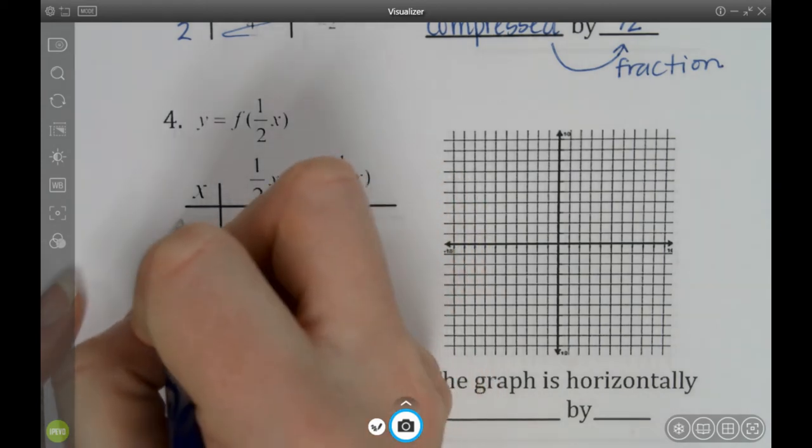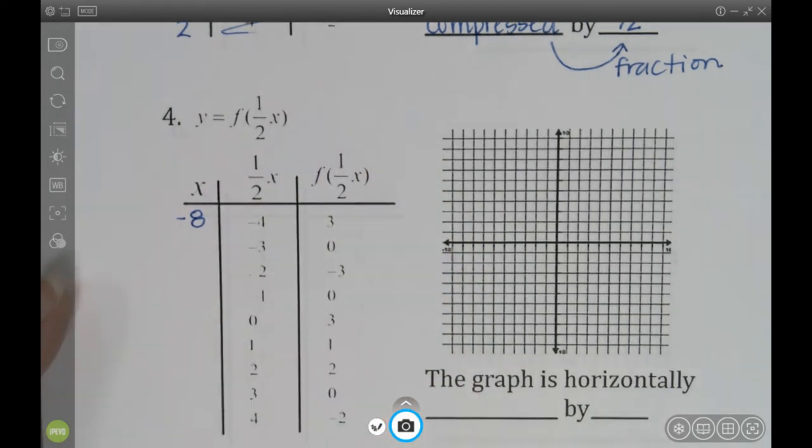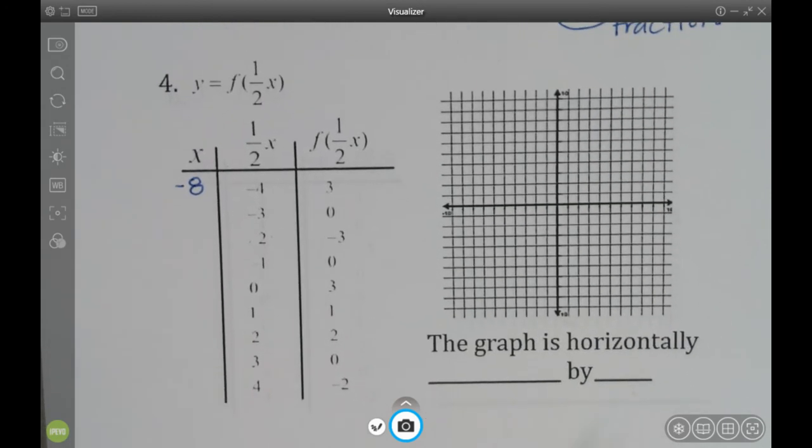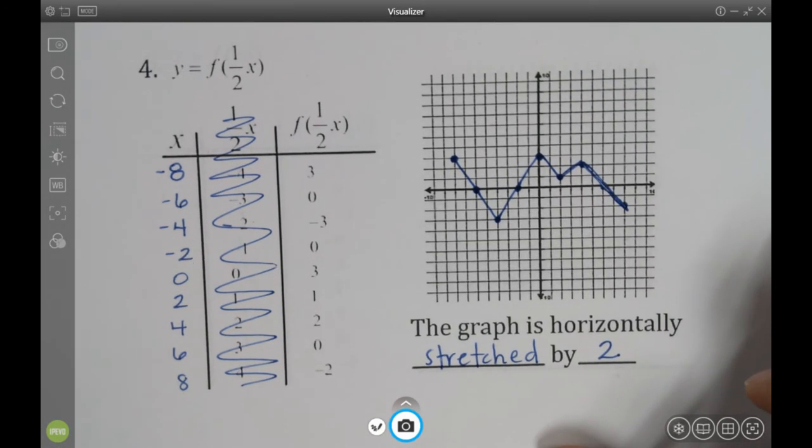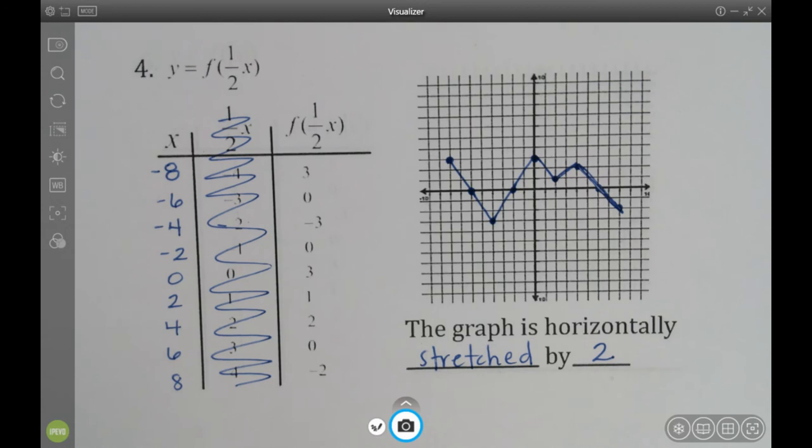Wouldn't that be negative 8? Making you think a whole lot this morning, sorry. Okay, so that's what it should look like. Horizontally stretched by 2, not by 1/2.